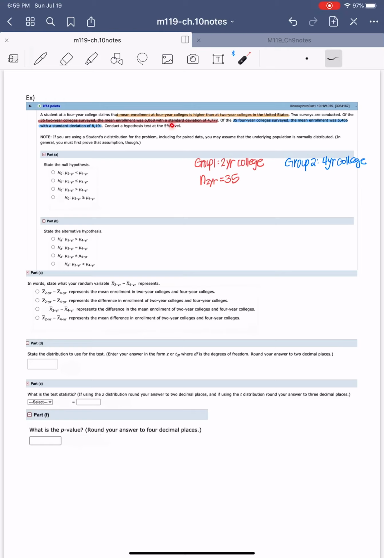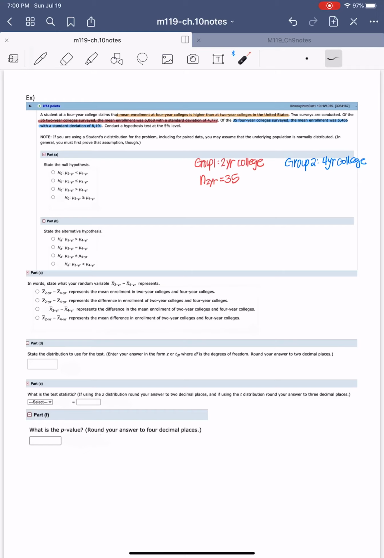It is not, because if you look at the whole sentence, we're talking about standard deviation of 4,777 of our sample size 35. So this deals with only the 35 data. So this is your sample standard deviation. Therefore, your sigma is unknown. Population standard deviation is unknown.